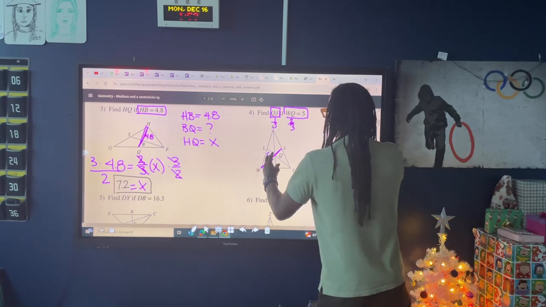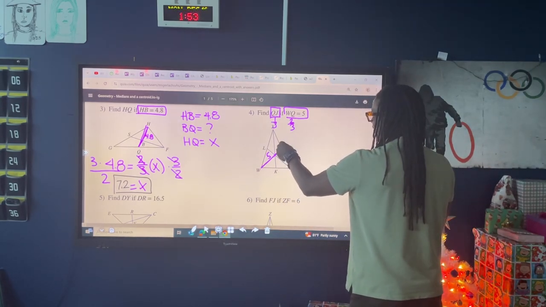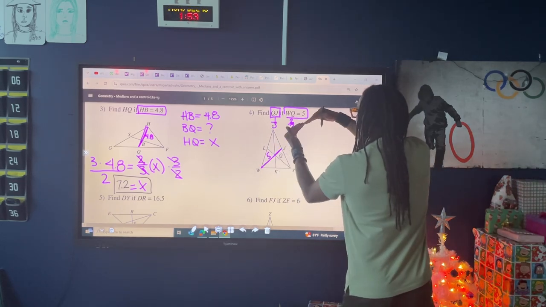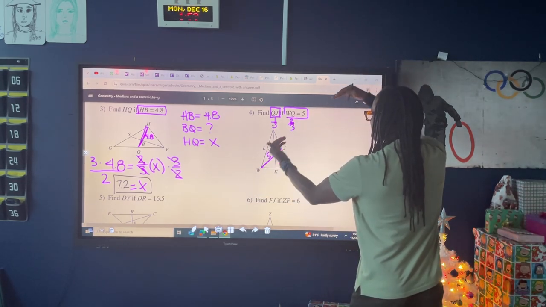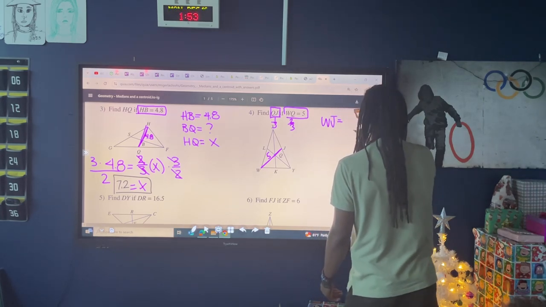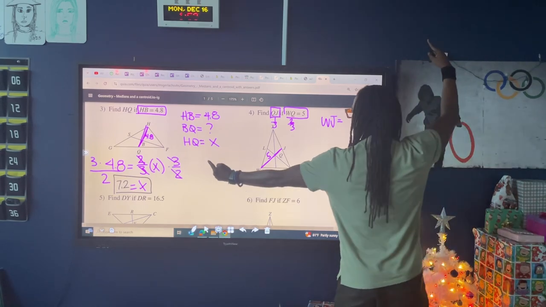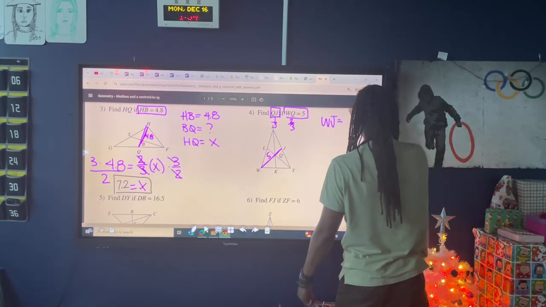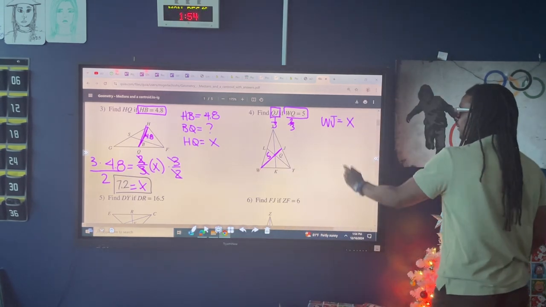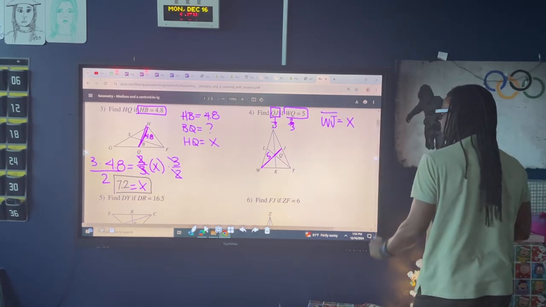We don't know what QJ is, but we know it's 1/3. What do we label the entire distance, WJ? The entire distance, we call it X. So line segment WJ is X.